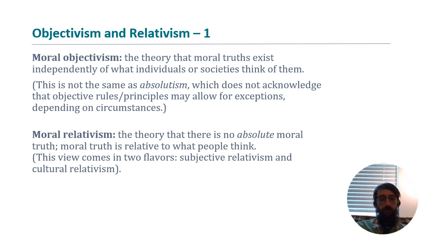Moral objectivism is the theory that truth in morality is objective. What that means is that a moral statement, like a woman has a right to decide what happens to her body, can be true or false independently of what people think about that statement.